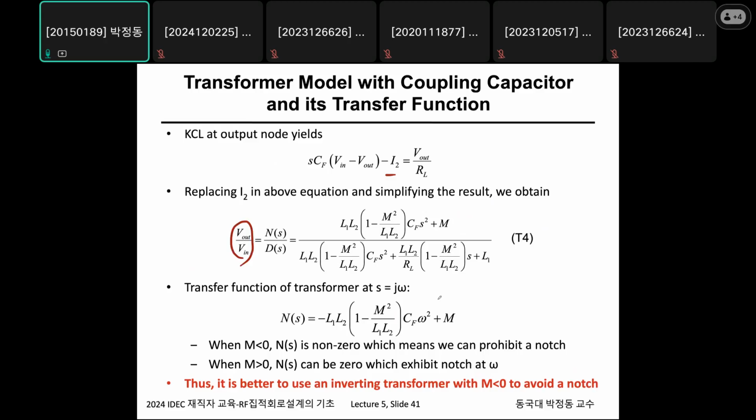It is very interesting that if you put j omega instead of S, it looks like this: minus L1 L2 (1 minus M square divided by L1 L2) CF omega square plus M. Let's say M is larger than 0.